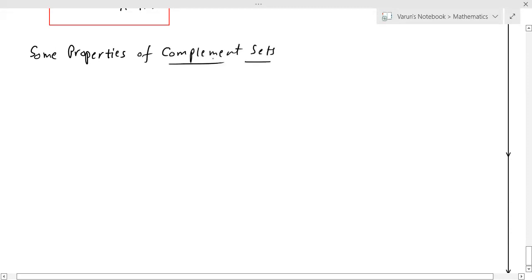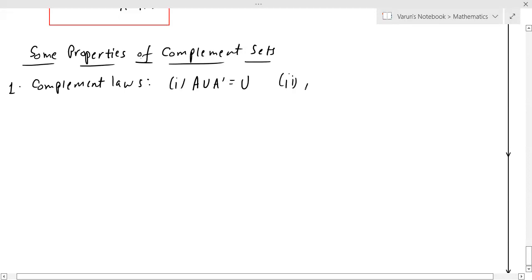These properties are quite important. Let's take a look at them. First one is the complement laws. Complement laws are A union A prime is equal to the universal set, of course, and A intersection A prime is equal to phi, obviously.